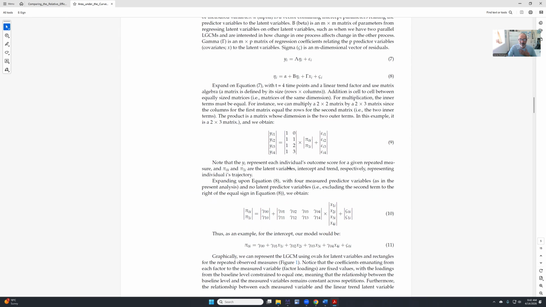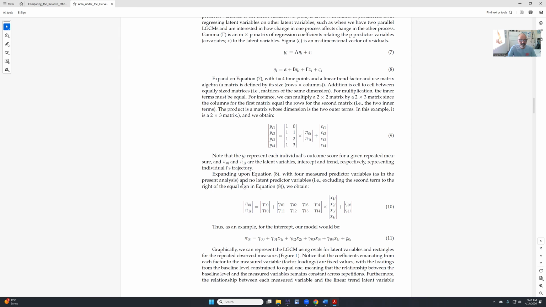So these represent individuals' outcome scores on given repeated measures. Here, the pi's are the latent variables. So you have pi sub 0 sub i, an individual's latent variable score on the intercept and then on the trend as well. So this is basically telling us what individual i's trajectory looks like. So this is my trajectory.